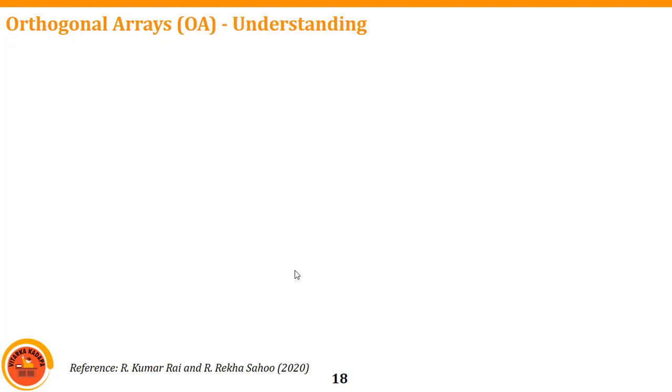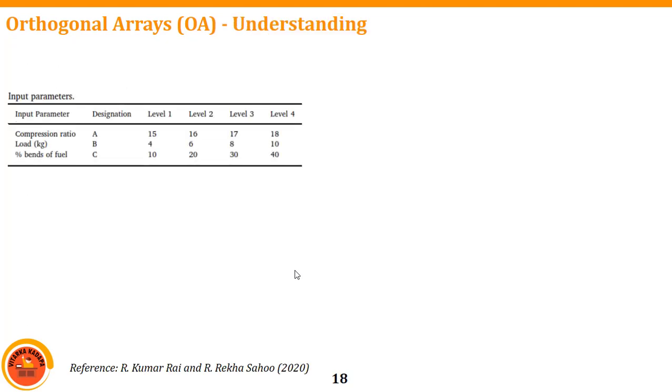Here, if you can see, I have taken an example from the latest journal. This is from a variable compression engine case. Compression ratio is there, load is there, percentage blend of fuels is there. They have taken these at 4 levels.